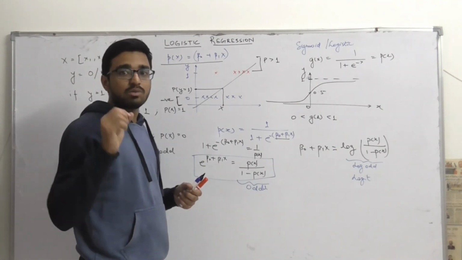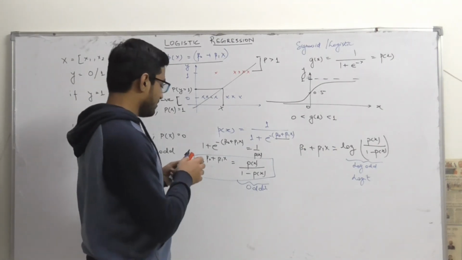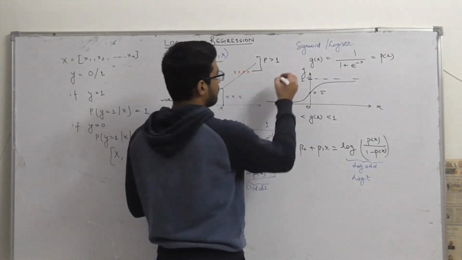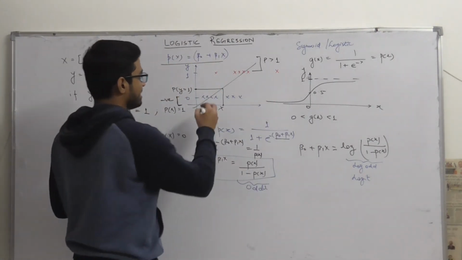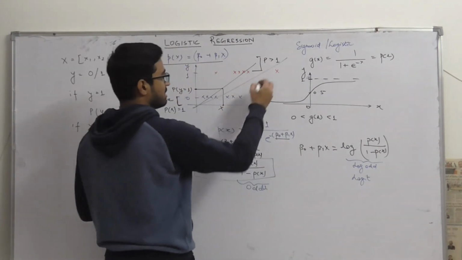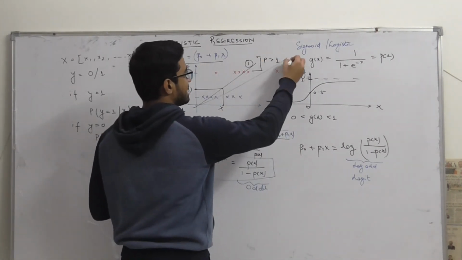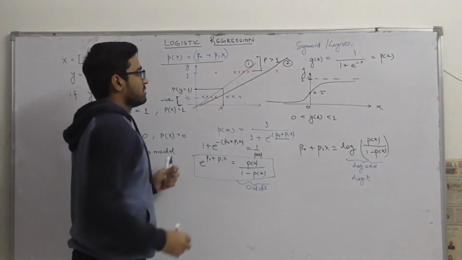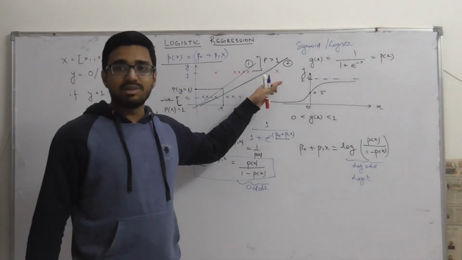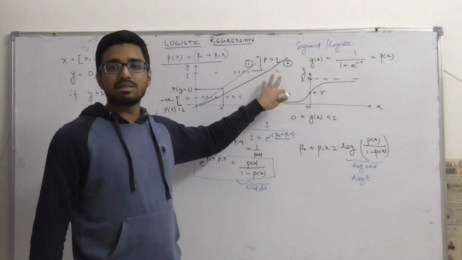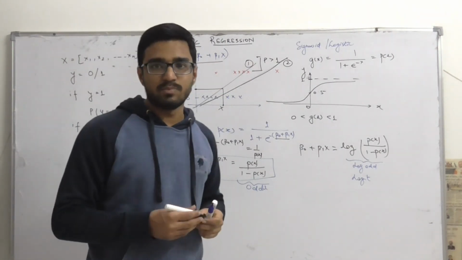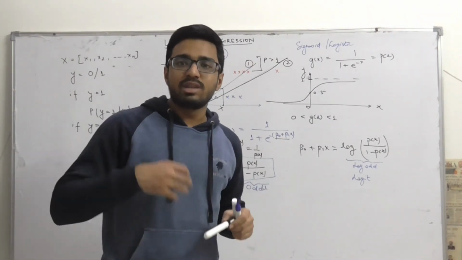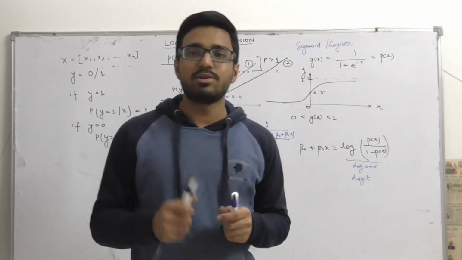Secondly, I would like to point out the impact of outliers: if I get any point here, our line would change to somewhat like this. This is the first line, this is the second line. So the presence of outliers greatly affects logistic regression or linear regression. Hence these are some of the advantages and disadvantages of logistic regression.